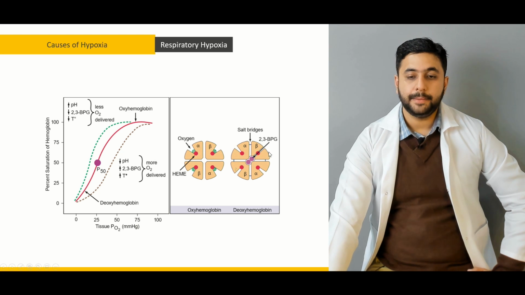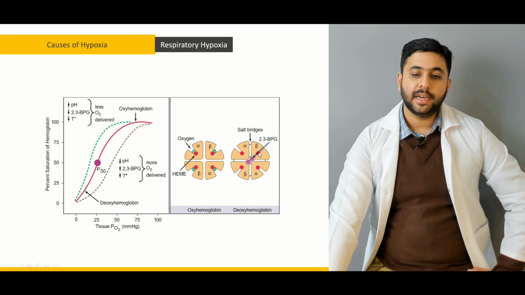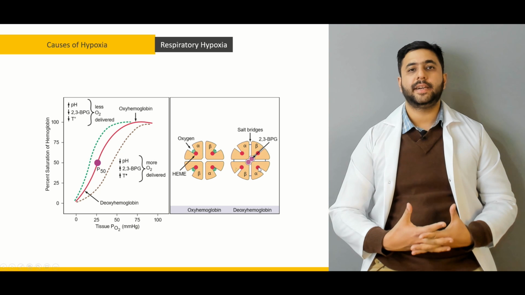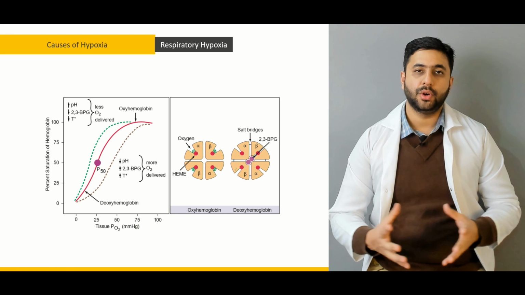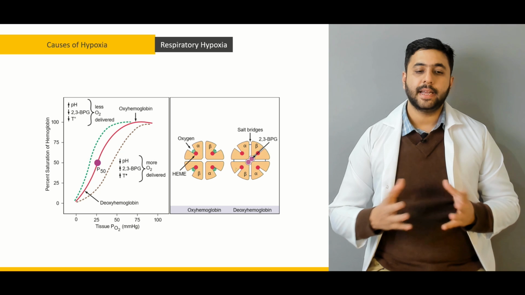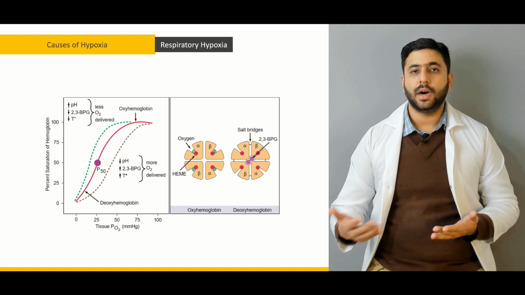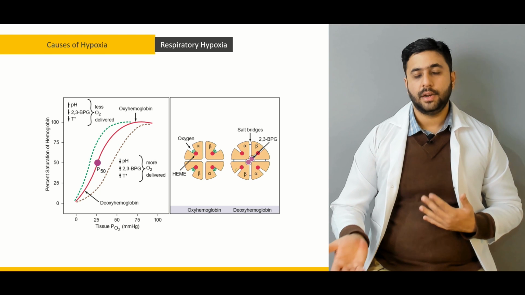You can see the 2,3 BPG, or the 2,3 bisphosphoglycerate, here. It basically binds the 2 beta chains by forming salt bridges, and this leads to a decreased affinity of the hemoglobin for oxygen, so the hemoglobin is easy to unload to the cells or the tissues.